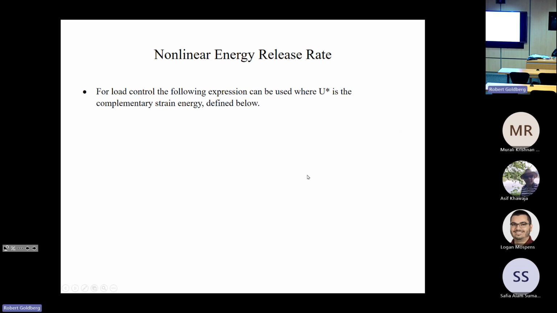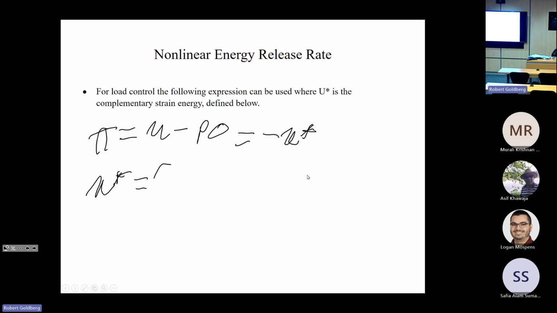So for that case, our potential energy is equal to our strain energy minus our applied load multiplied by the resulting displacement, which we're going to define as the negative of a complementary strain energy, and thus we can say that this complementary strain energy is equal to the integral from 0 to our load of our displacement multiplied by our increment in loading.